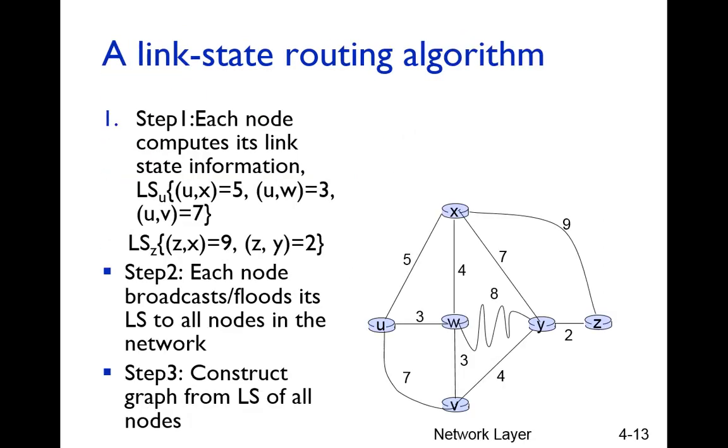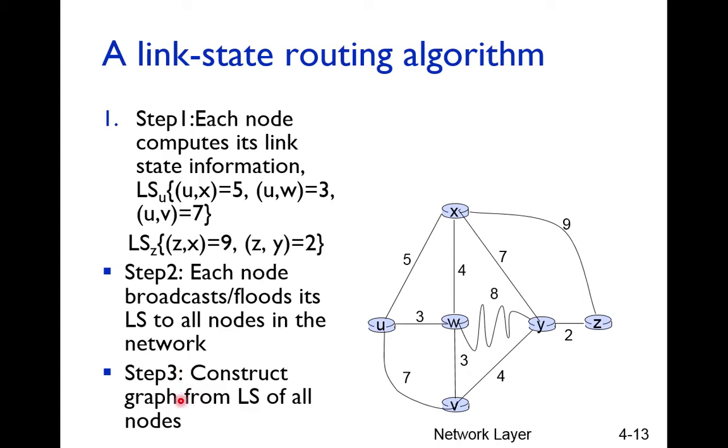So the first step in the link state routing protocol was that each node has to compute its link state information. Then each node has to broadcast or flood its link state information to all the nodes in the network. When a node receives the link state information from all the nodes, the node combines the link state information received from all nodes and constructs a graph.